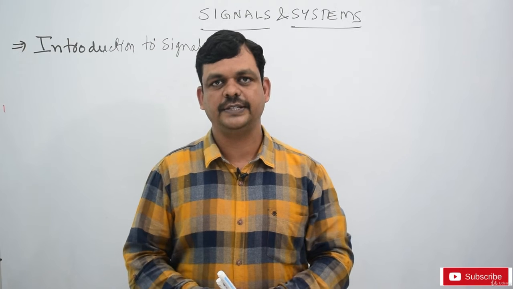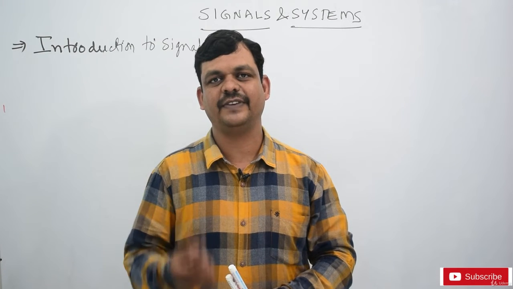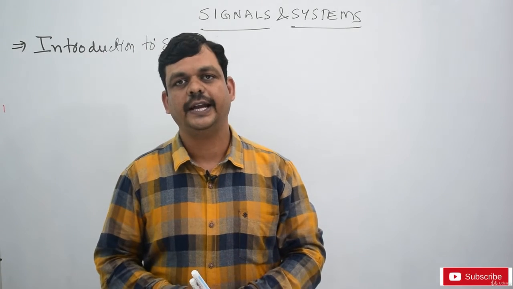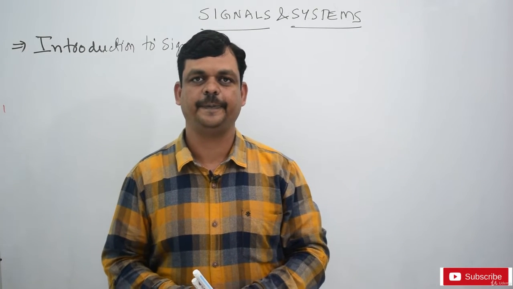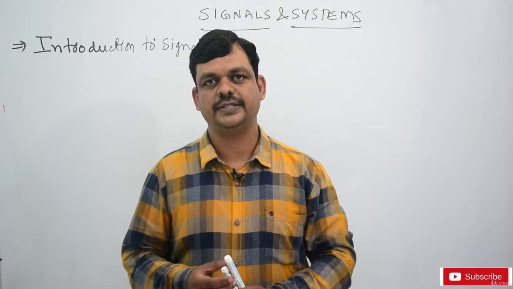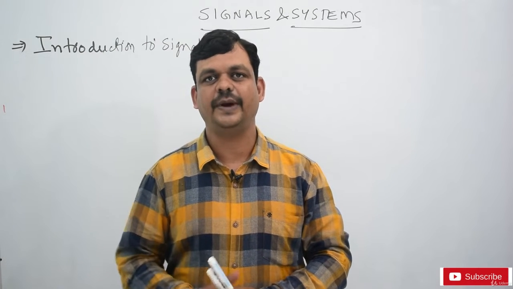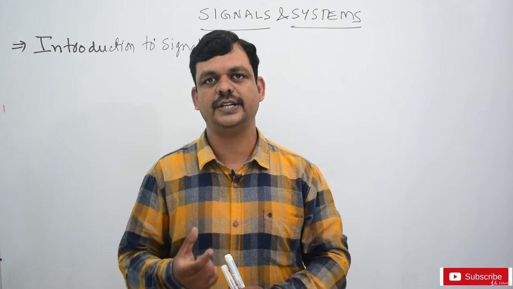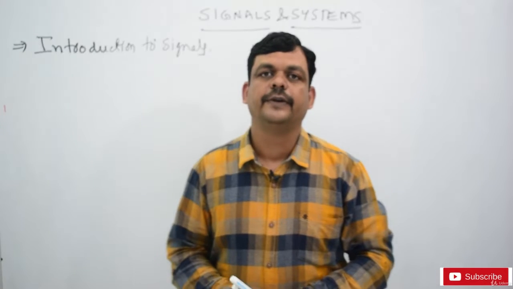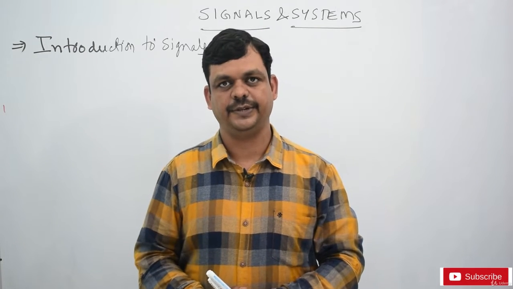In traffic signals, red signal conveys one information, that information is stop, and green signal conveys one information, that information is go. So these two signals convey the information, one is stop and another is go. This is nothing but one signal here. That's why the definition is which conveys the information.